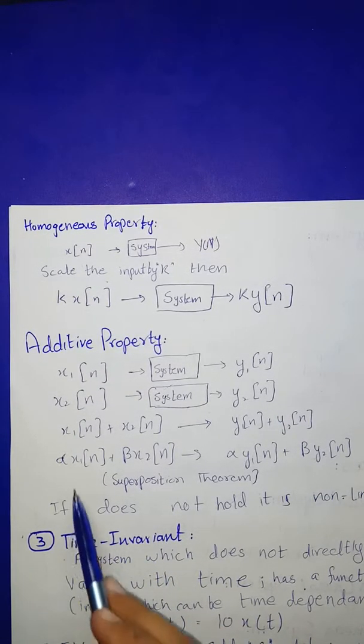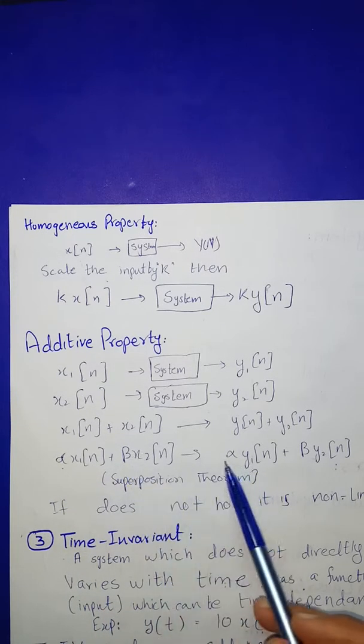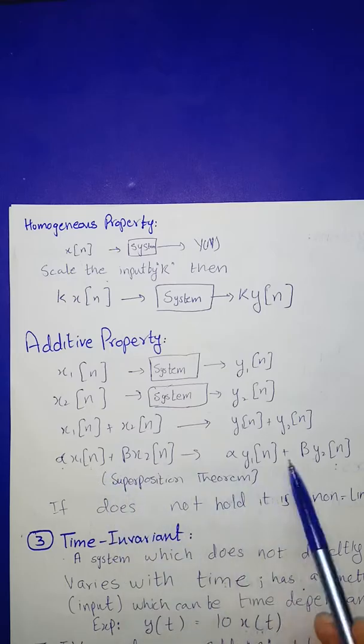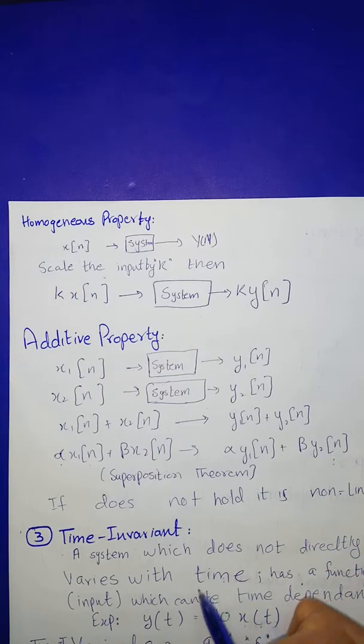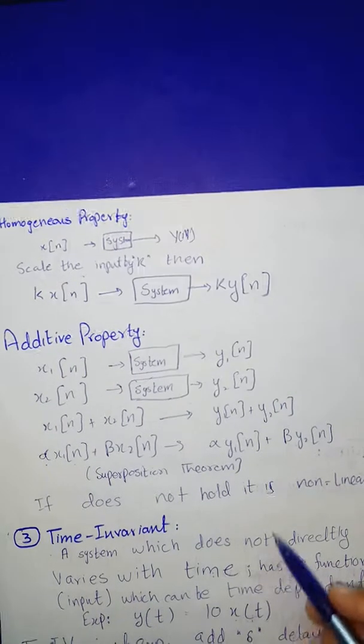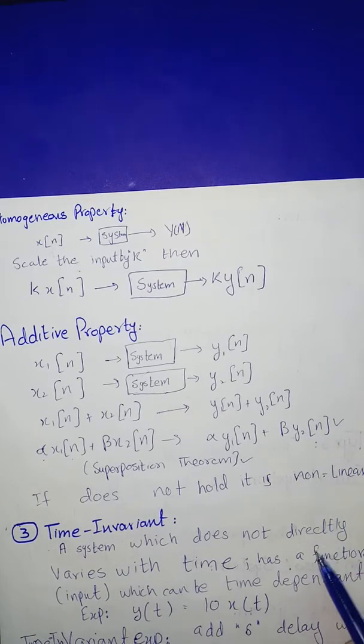This is the basic expression of the superposition theorem. These are the scaling factors which are similar, and the outputs are also the sum. If the superposition does not hold, if this expression is not satisfied, then the system is nonlinear.